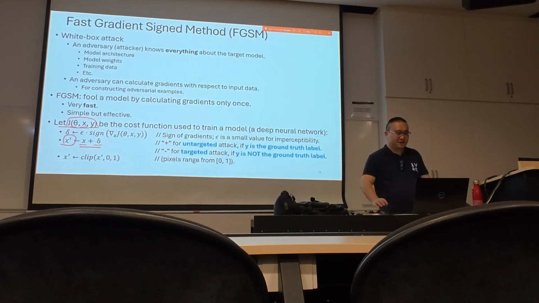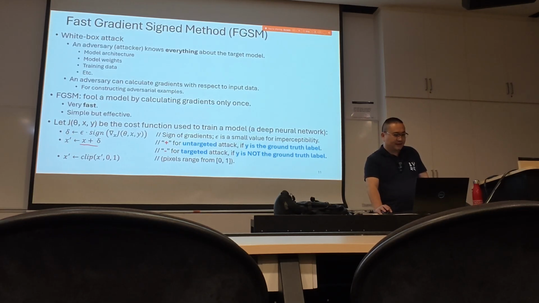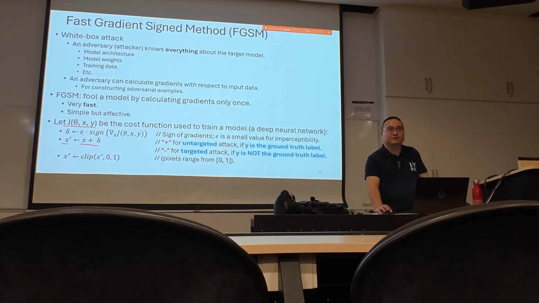The loss function measures the error made by the model. So after we modify the input panda and get the modified panda, we greatly increase the error made by the model. Therefore, the model will make incorrect predictions. And this is the idea of how we can fool the model.